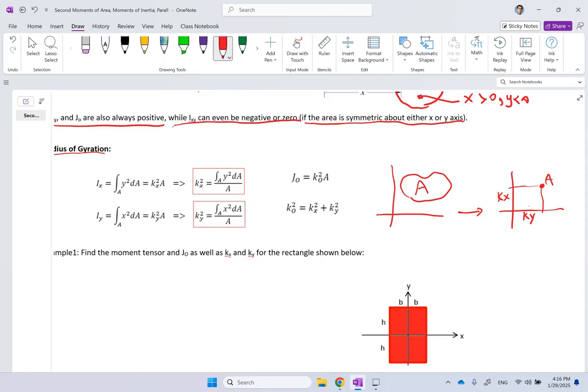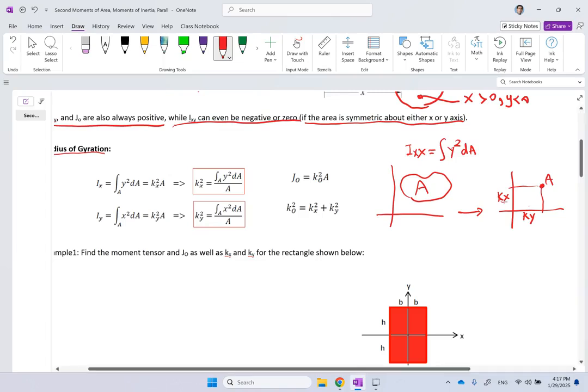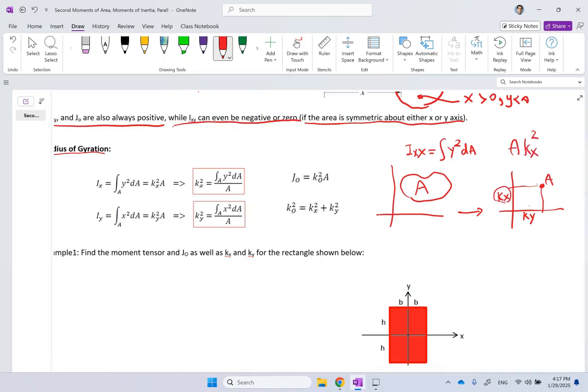So now, if this one has this Ixx, which is the integral of y squared dA, we say this small single point surface will have the same moment as this one. So what is it for this? In this case, the distance you have from the x-axis is kx, so it is A times kx squared. Because there is only one point, there is no integration, it's just a single point.